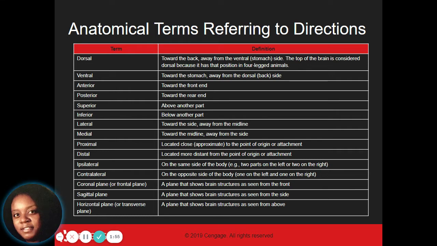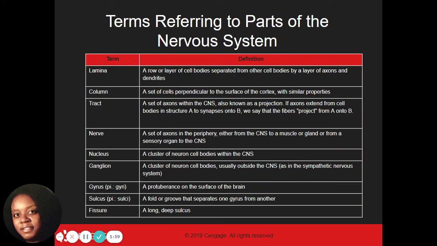So make sure that you are aware of this chart, which is in your textbook. Here are some more terms that you also should know, and you just need to memorize these terms as well, referring to different parts of the nervous system that we are not going to go into a lot of detail about in lecture.